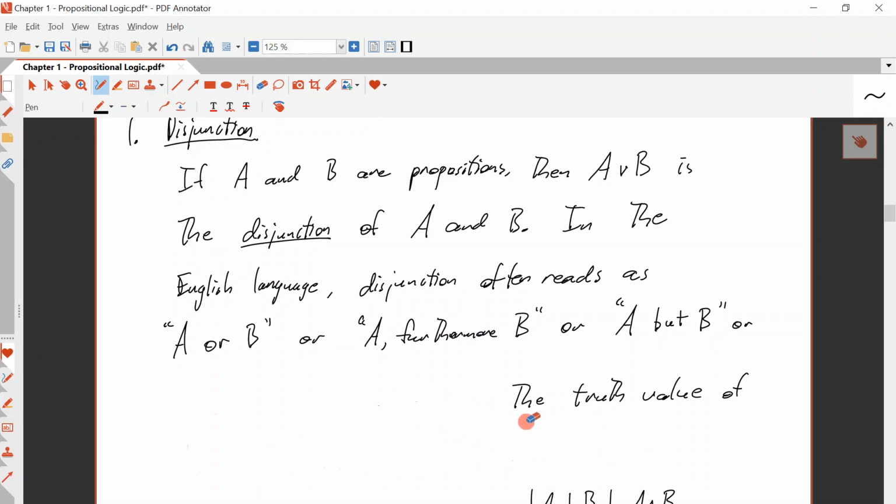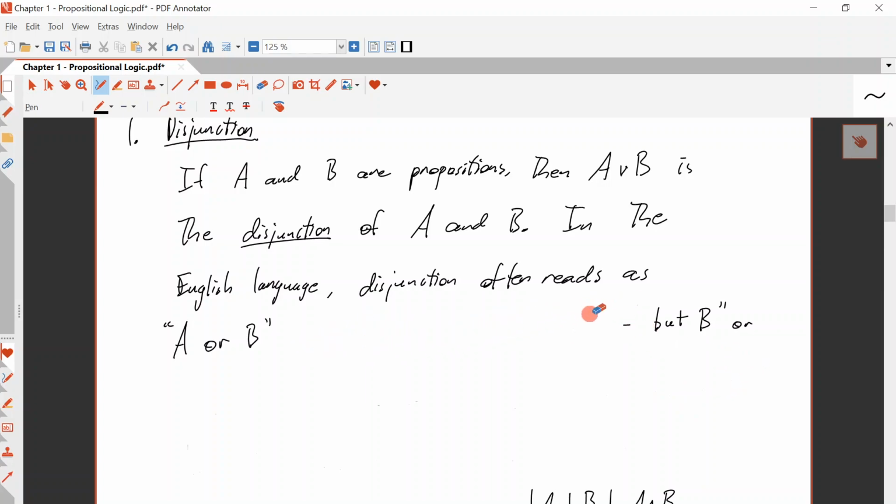I don't know too many other words that go for the disjunction. A or B, or sometimes we say either A or B.